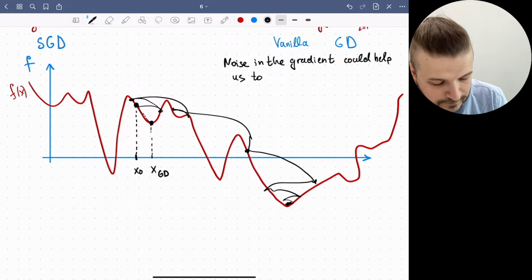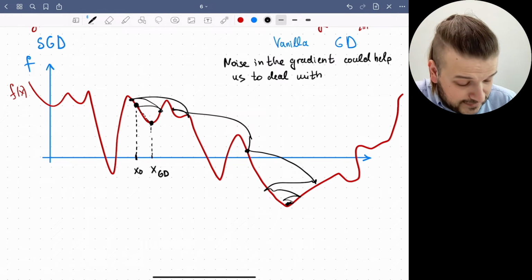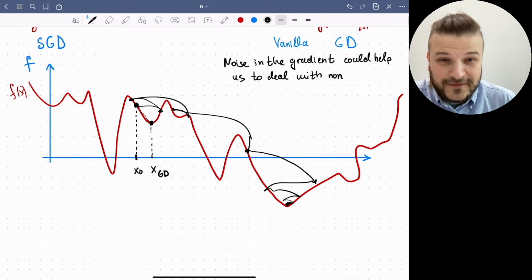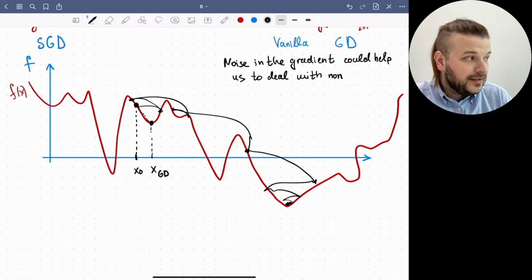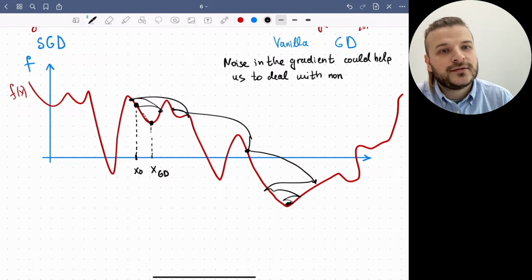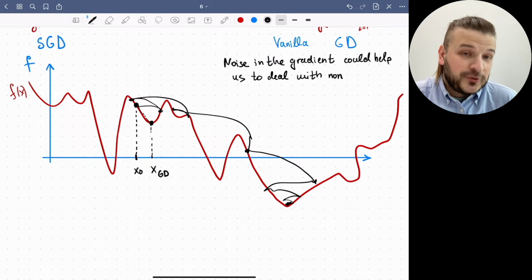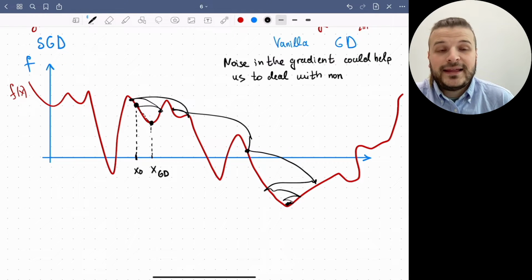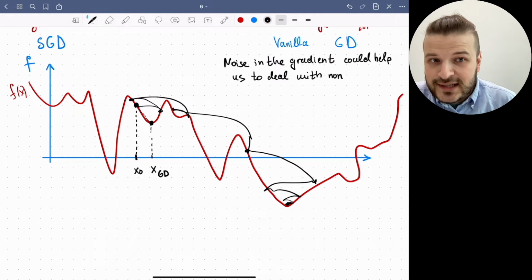to deal with non-convexity. That's a very general statement, and sometimes it's a very strong statement. Sometimes it could help us, sometimes not, and that strongly depends on the noise level.